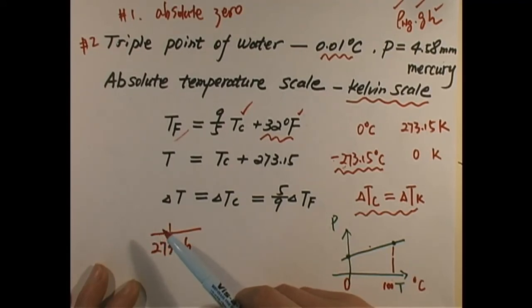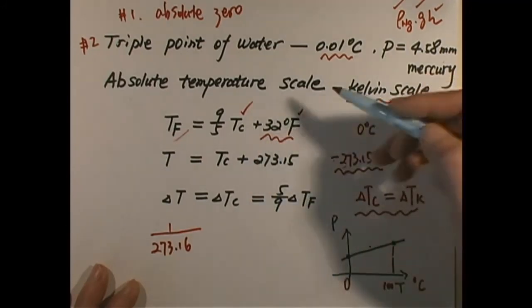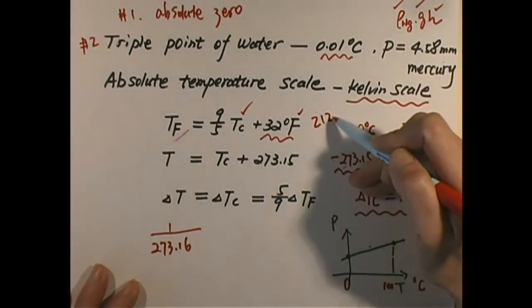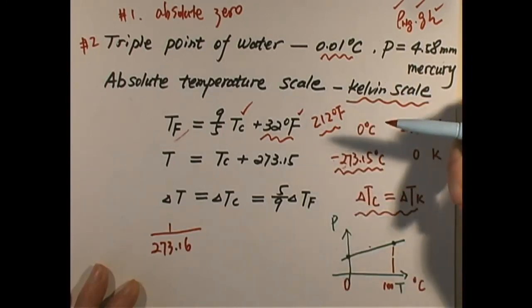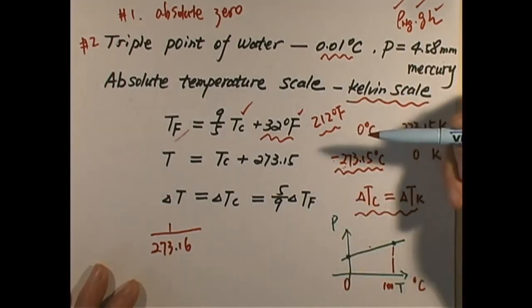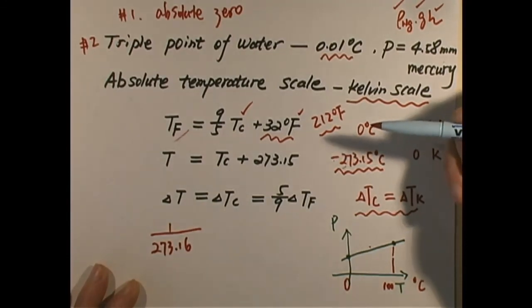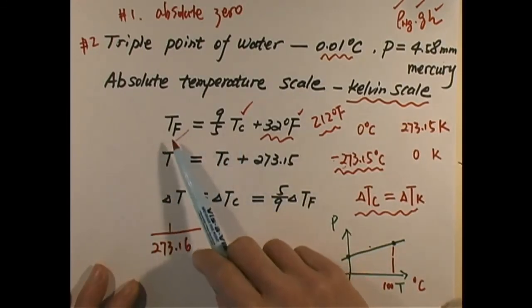For the boiling water and steam mixture, Celsius defined it as 100 degrees Celsius, and Fahrenheit defined it as 212 degrees Fahrenheit. So they have different numbers defined for the same ice point and steam point. Therefore, we can figure out a conversion between Celsius and Fahrenheit.